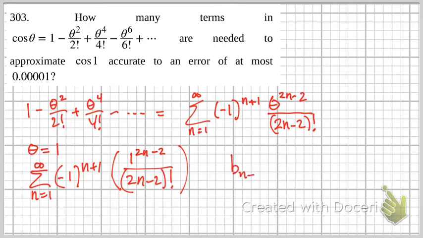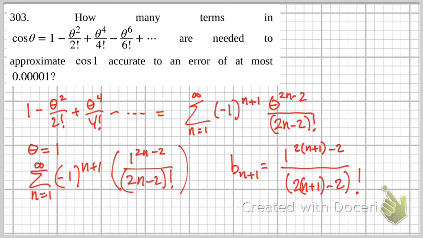So b(n+1) is actually going to equal 1 to the 2(n+1) minus 2 over 2(n+1) minus 2 factorial.